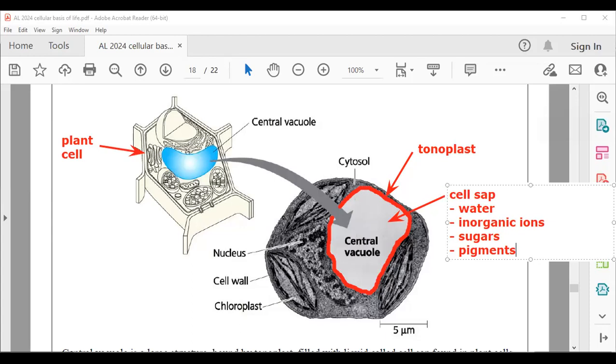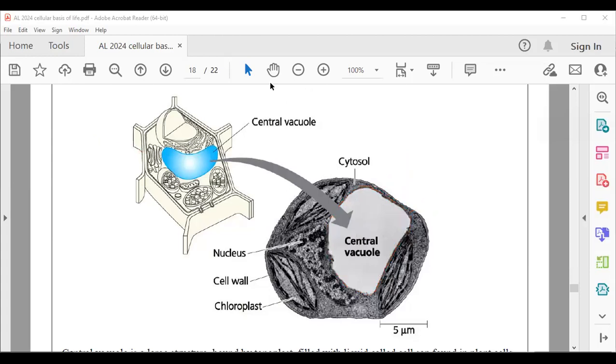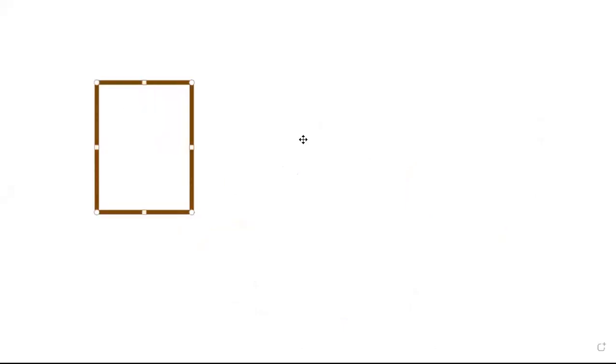If you take this central vacuole, when it collects water, now I'm just drawing a simple diagram. Say this is a plant cell, and this is the same type of plant cell.